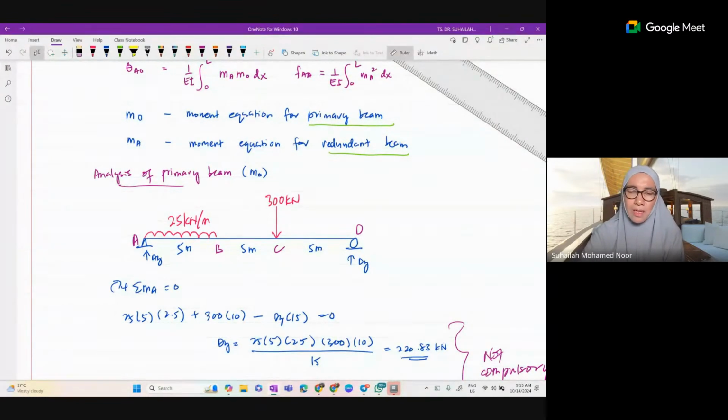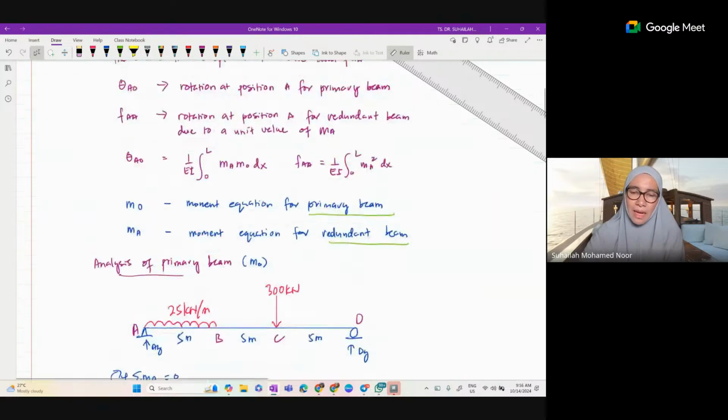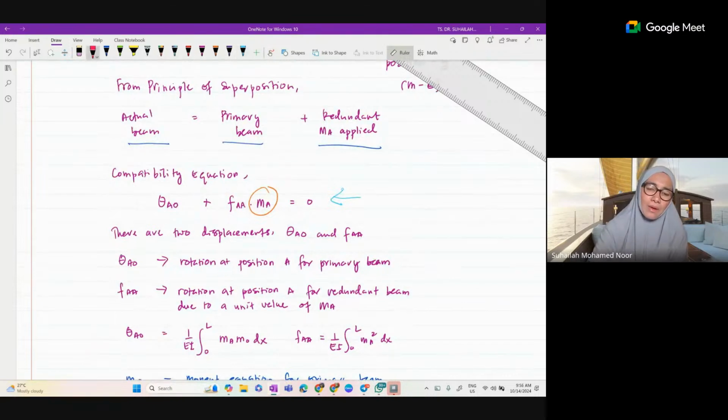Okay, so for another 1 hour slot, I have two things I want to cover. The first is about the effect in this flexibility method called support settlement, which actually changes the value of the zero at the back. But that I might cover together in beam with two redundant.